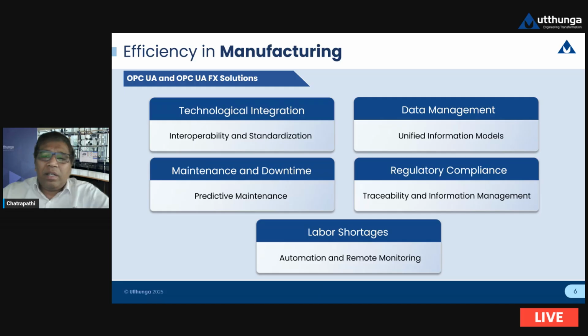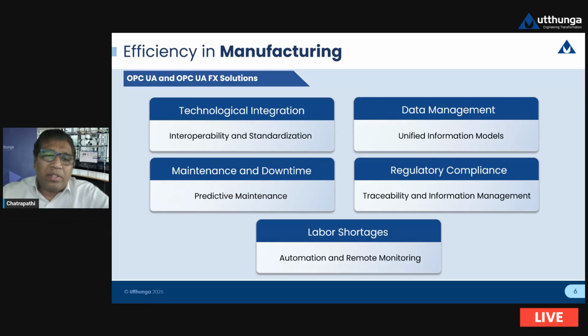And then related to regulatory compliances. Based on all the comprehensive data collection capabilities of OPC UA and OPC UA FX technologies, it becomes very easy in terms of traceability throughout the production process.